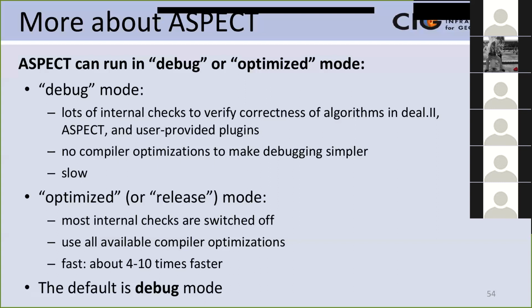It is because we run a lot of checks to verify that whatever you are doing is correct. So very helpful error messages come up if something is wrong in our mind. The problem is that it is too expensive to do all these checks for a very serious and large computation, especially in 3D. And so we provide the option to compile in debug mode or in optimized mode.